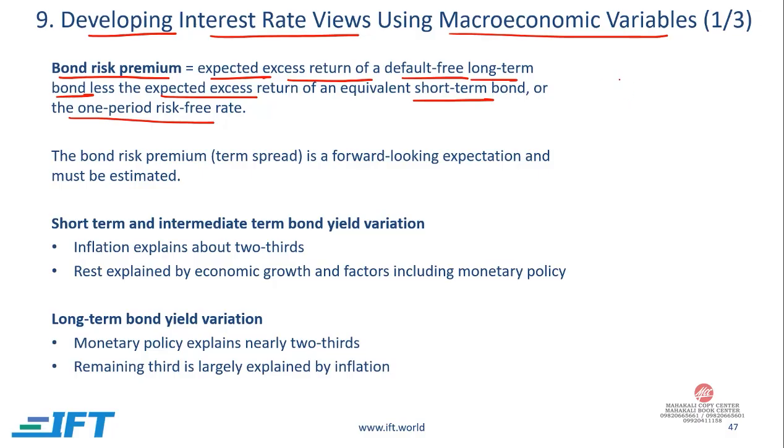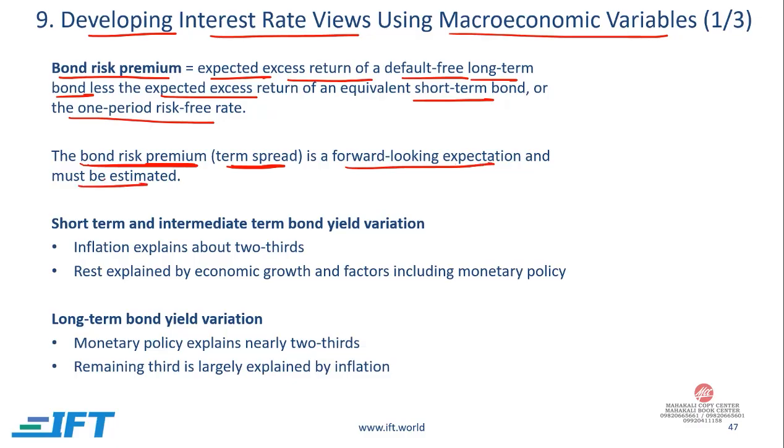Even bonds that do have default risk, if they are long-term, the first premium that they will have is this bond risk premium, which is also called the term premium. It's also called a term spread, because this is a premium associated with the fact that the bond is a long-term bond. This bond risk premium or term premium is a forward-looking expectation and must be estimated.